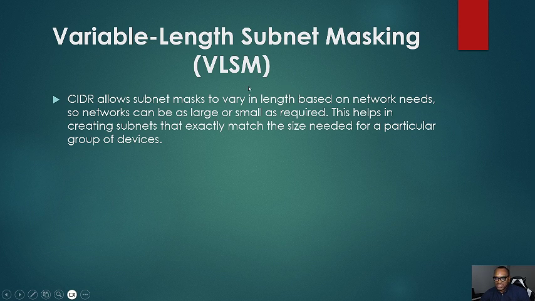That's what this is all about. It allows subnet masks to vary in length based on the network need. Some department in your organization may need just 10 IP addresses, some may need just 20, some may need 50. You have to be able to break them down into varying sizes and use them accordingly.